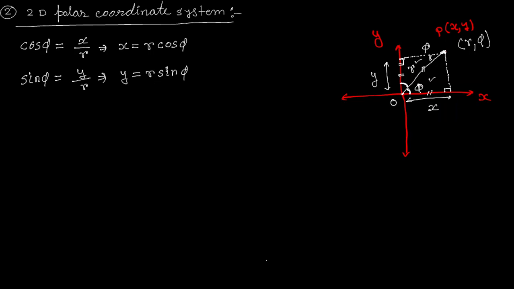So what we can do, we can write the position vector of this point with respect to this origin. First we'll write it in terms of x and y, and then we'll replace x and y in terms of r and phi.